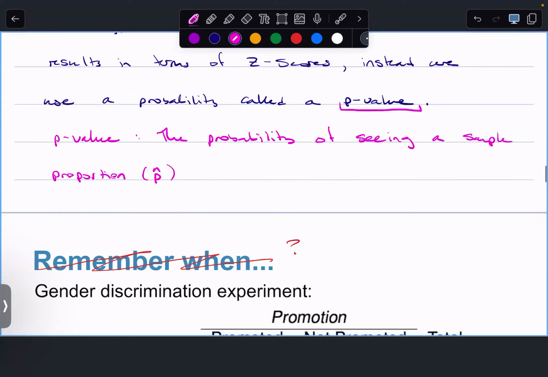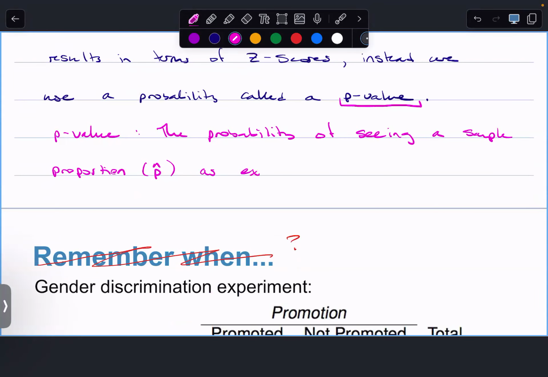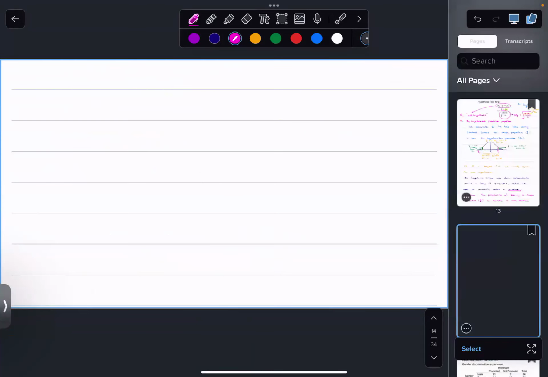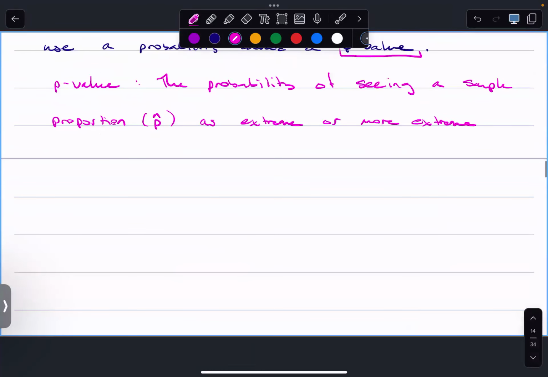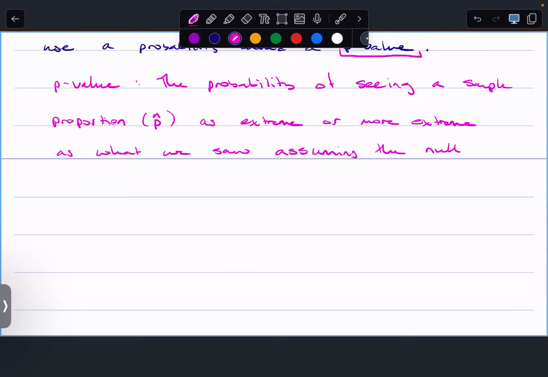p hat as extreme or more extreme as what we saw, assuming the null hypothesis is true.